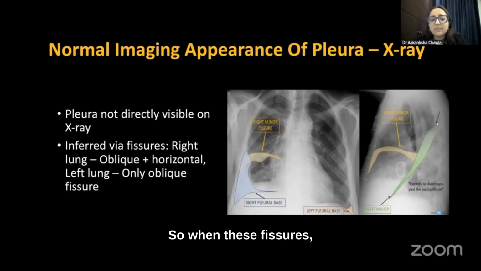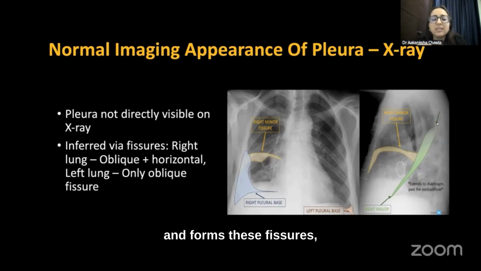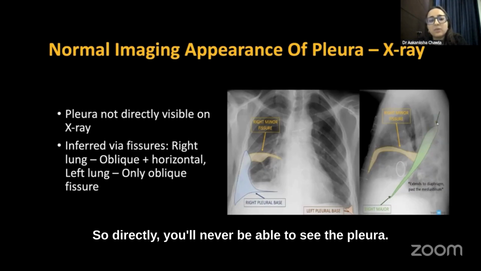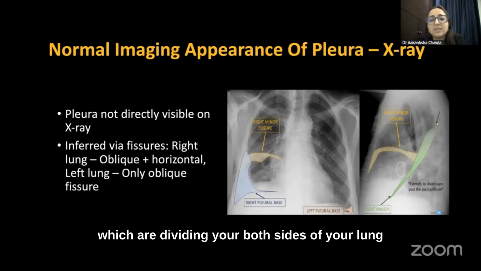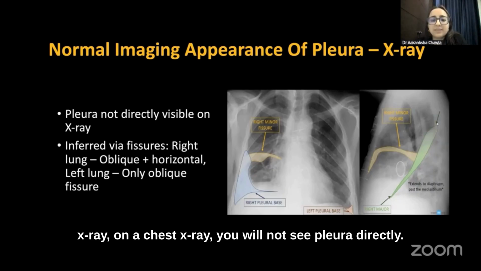When the visceral pleura folds and overlaps in an anatomical formation and forms these fissures, that is what is actually seen as the pleura on the X-ray. So directly, you'll never be able to see the pleura. You would always identify the fissures, which divide both sides of your lung into different lobes. So in a normal chest X-ray, you will not see pleura directly.